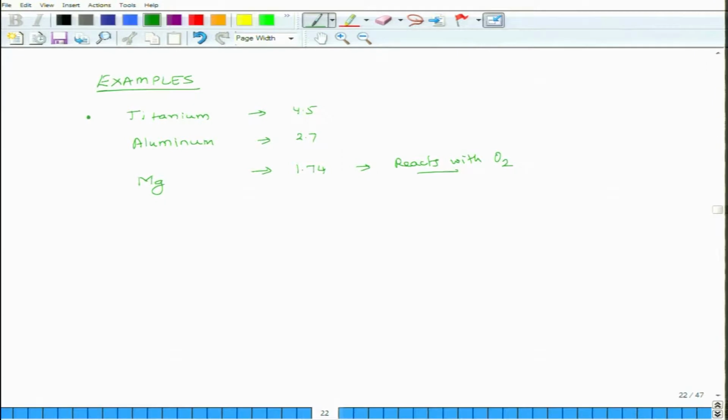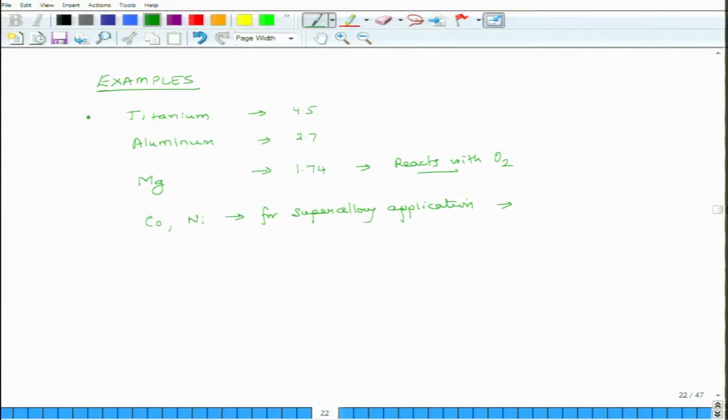Then there are some superalloys, where you use metals such as cobalt and nickel. Where would you use them? Where you need strength as well as high temperature application, as in aircraft gas turbines where temperatures are very high.